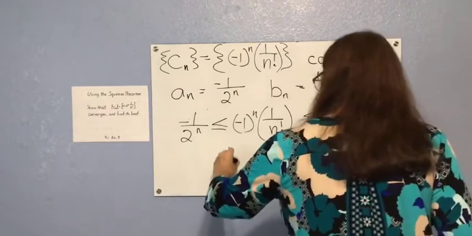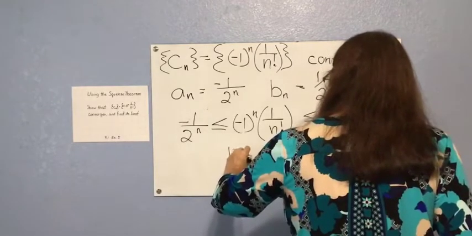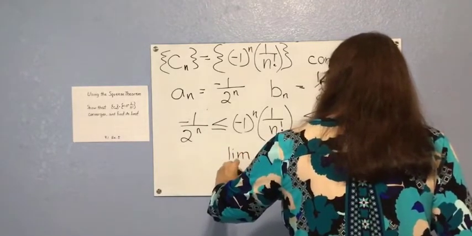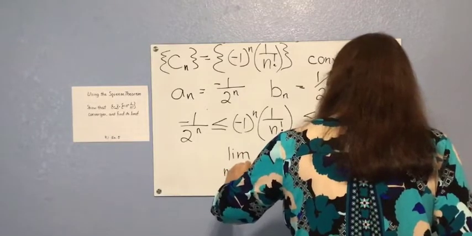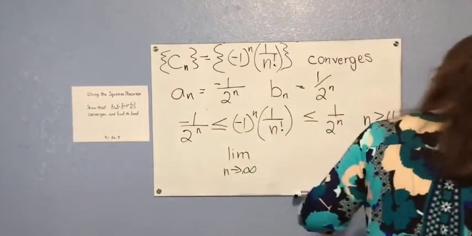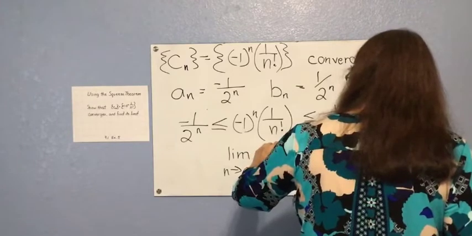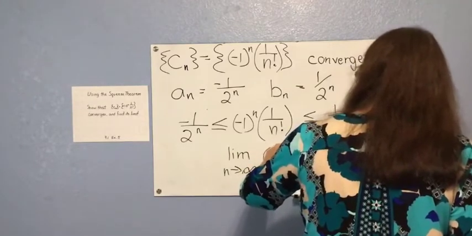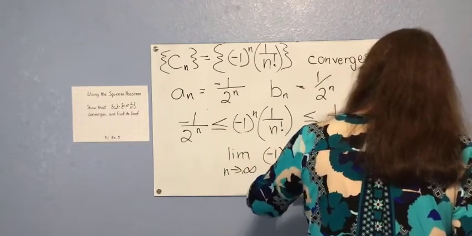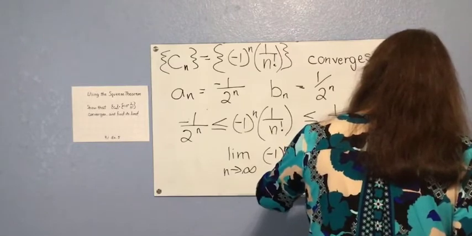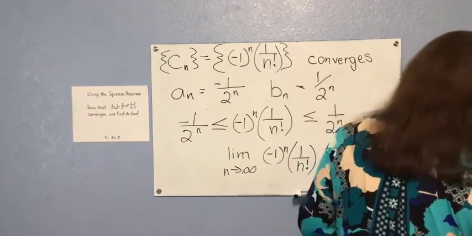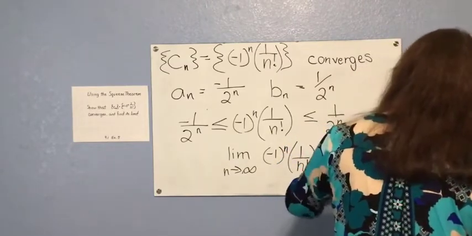So it follows that the limit as n goes to infinity of our function negative 1 to the n times 1 over n factorial must be 0.